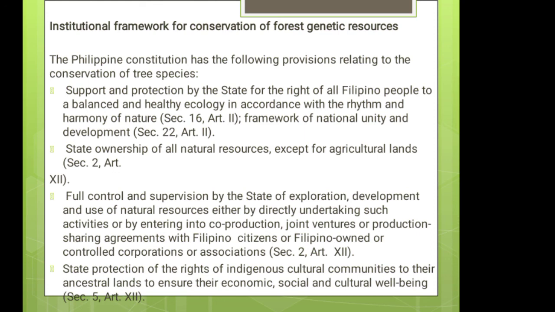Ang pangatlo, nasa pamamahala ng Estado ang mga natural resources kung saan nagsasagawa sila ng mga activities o programa na makakatulong na mas mapaganda ito sa tulong ng mga mamamayan. At sa panghuli naman po, sa Section 5, pinoprotektahan ng Estado ang lupain ng ating mga katutubo para mapanatili ang ekonomiya at ang kultura nila.